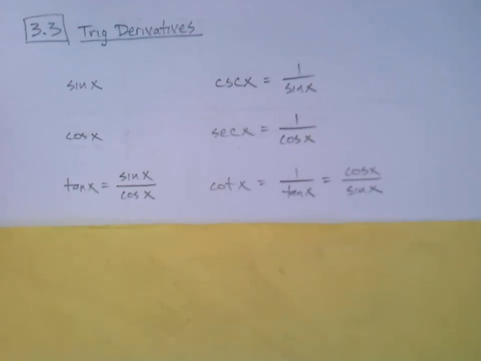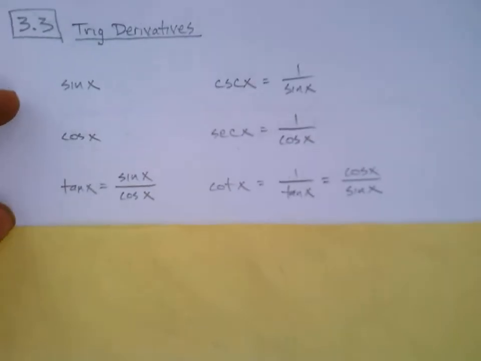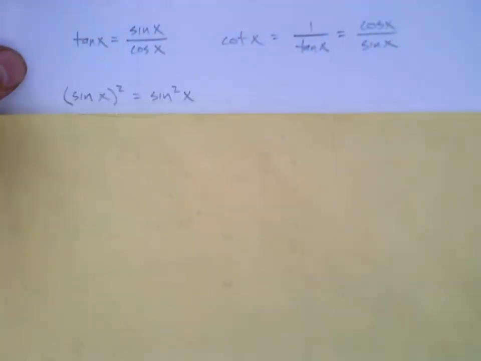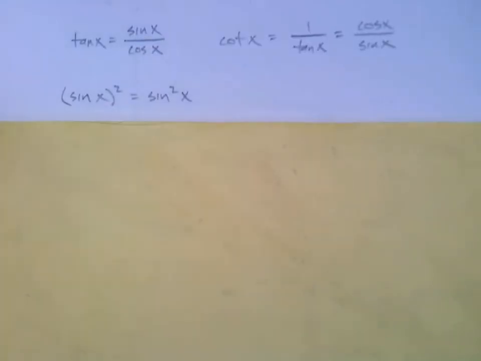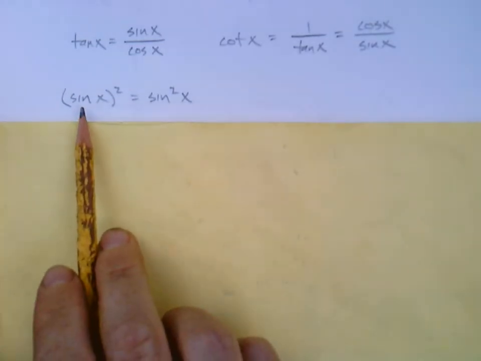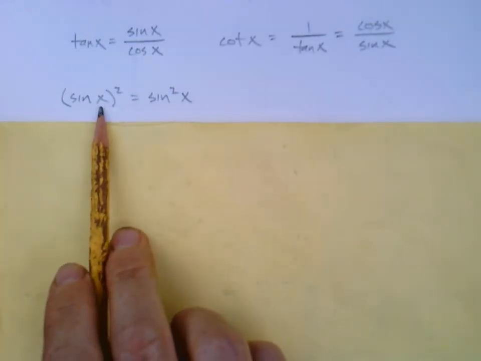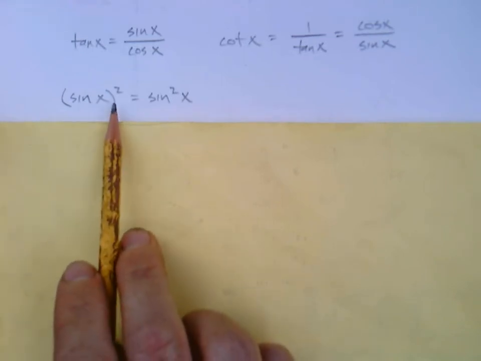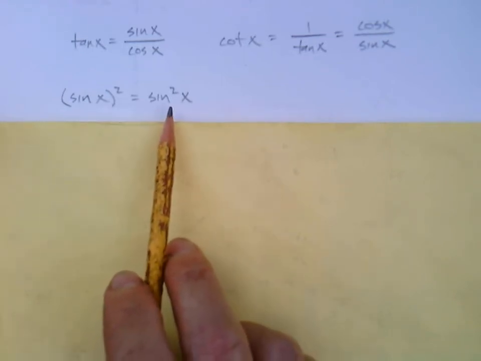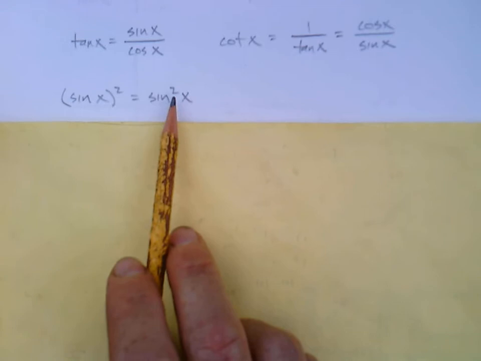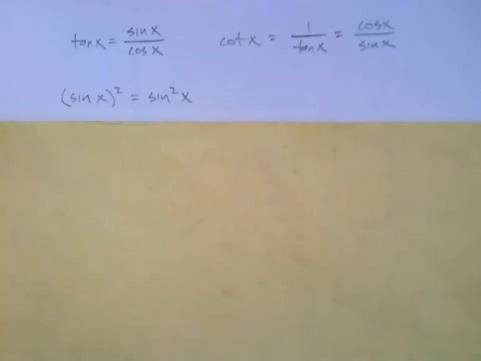Okay, good recap. Here's a nuance in the notation I want to point out. When it comes to exponents, if you see the quantity of sine x or any of the others squared, usually we write this shorthand, sine squared x is the way that we say it. I think that you use that in trig, right?